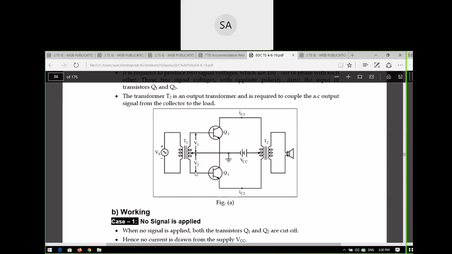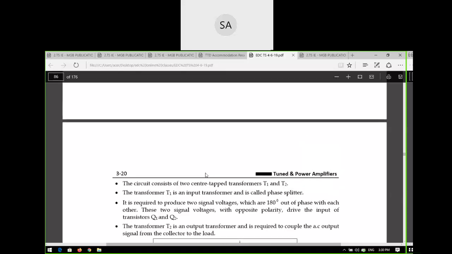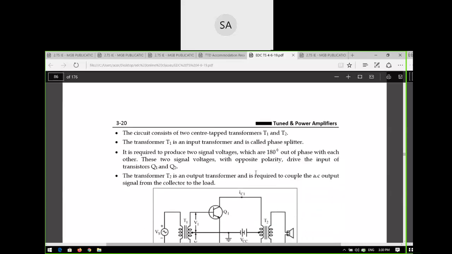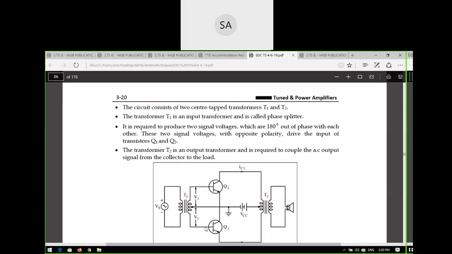On the input side, this is called the input transformer, and this is the output transformer. You have two center tap transformers, T1 and T2. Transformer T1 is the input transformer, also called a phase splitter, and it is required to produce two signal voltages which are 180 degrees out of phase with each other.